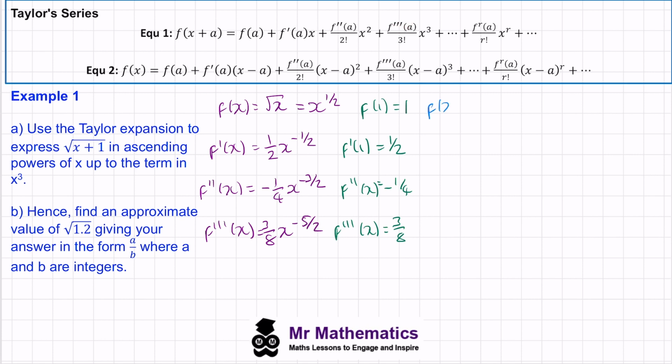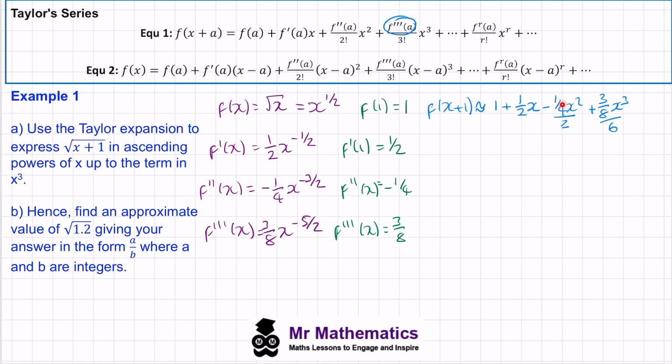We can substitute them into our equation. So f of x plus 1 is approximately f of a, which is 1, plus f dash of a, which is a half, multiplied by x, plus f double dash of a, so negative 1/4, of x squared, all over 2 factorial, which is 2, plus 3/8, which is this value, x to the 3, over 3 factorial, which is 6.